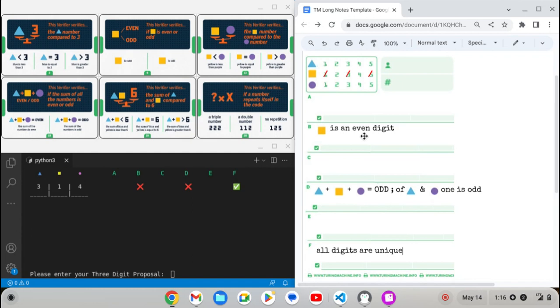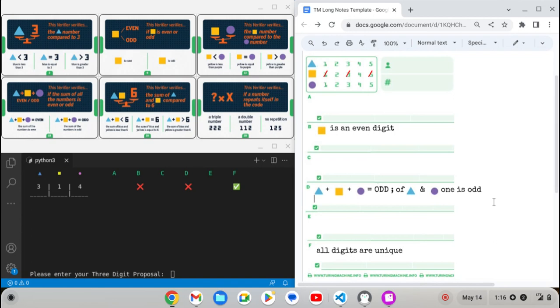Okay, and what does that mean? Remember, we do have two evens. We know that square is even, and one of either triangle or circle is also even. If they are unique, I can't have a duplicate even digit.